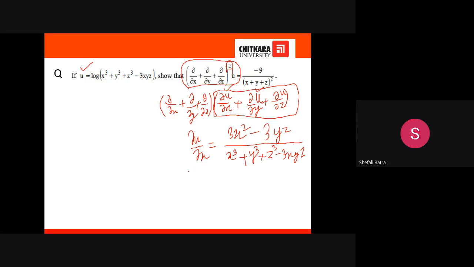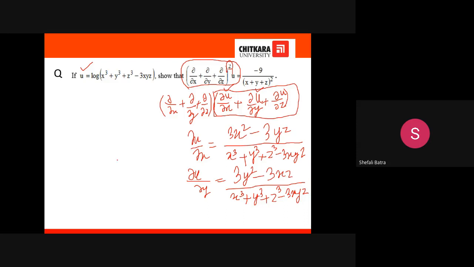Similarly, you will find ∂u/∂y. That would be 3y square minus 3xz upon x cube plus y cube plus z cube minus 3xyz, right?